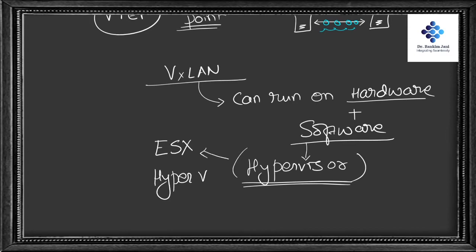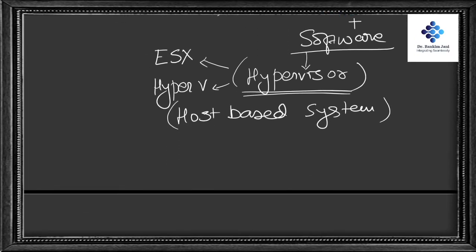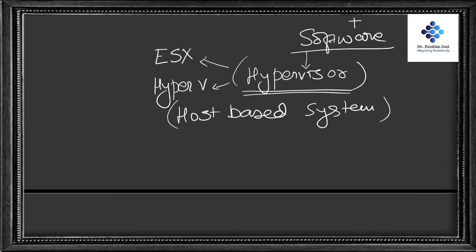So it can run on these. So what does that mean? That this is a host based method. It's a host based system. So if you can create this VxLAN even on virtual environment, that gives so many possibilities.